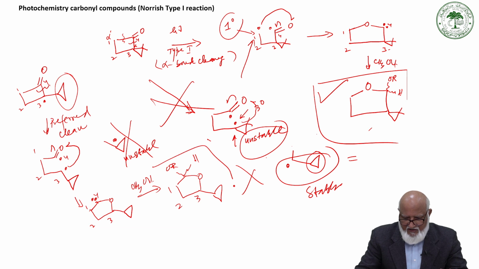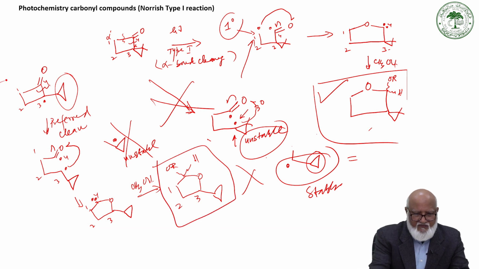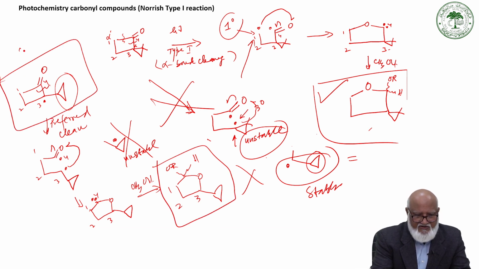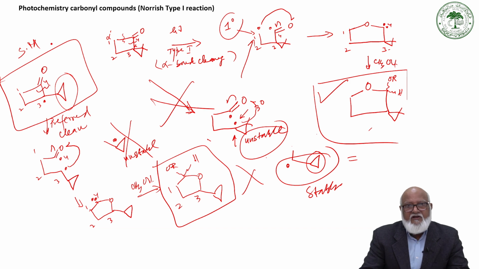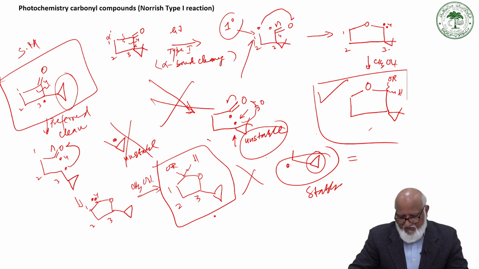So this is the possible ring expansion product from this starting material, the acyl ketone.